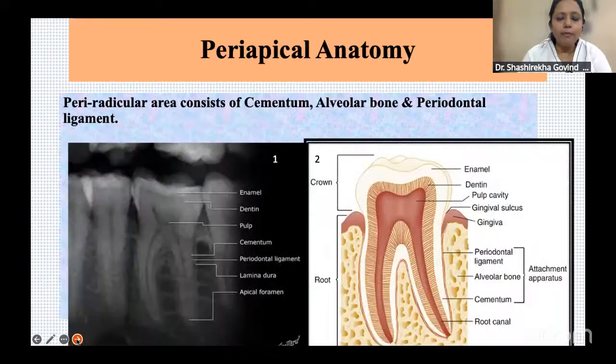Periapical anatomy consists of cementum, alveolar bone, and the periodontal structure. As you see in the X-rays, the root has root dentine, followed by cementum, periodontal ligament, lamina dura, and the apical foramen.